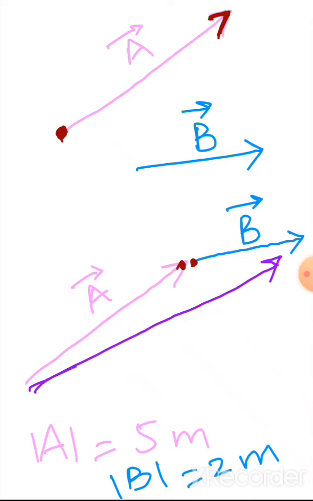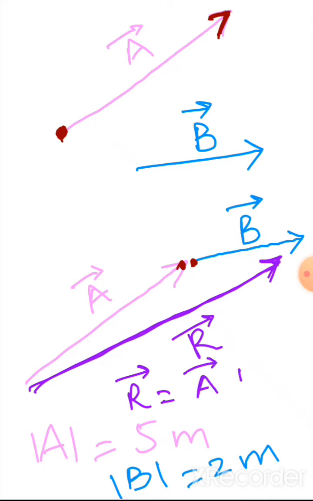So the tail of A is joined with the head of B. This is the resultant vector R, which is equal to vector A plus vector B. So this R is also called the resultant vector, or the sum of the two vectors A and B.